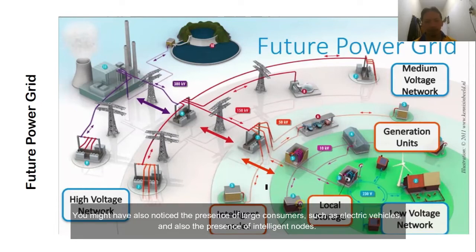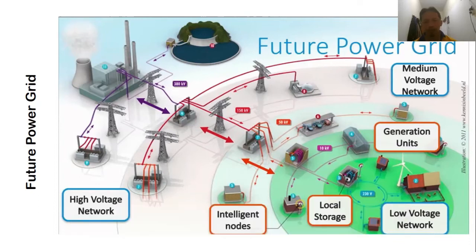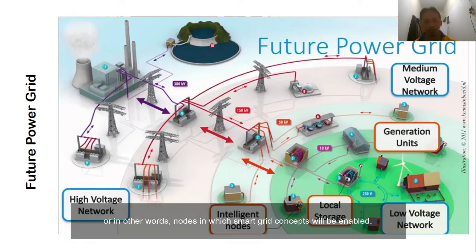You might have also noticed the presence of large consumers such as electric vehicles, and also the presence of intelligent nodes, or in other words, nodes in which the smart grid concept will be enabled.